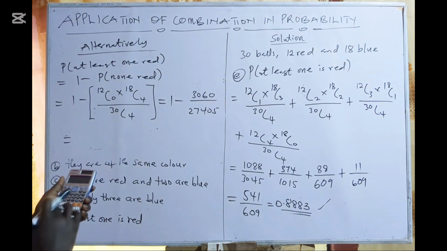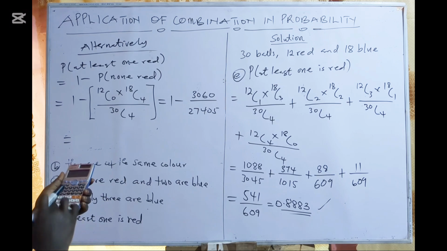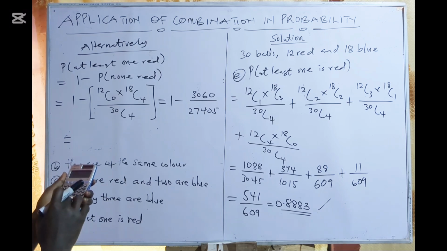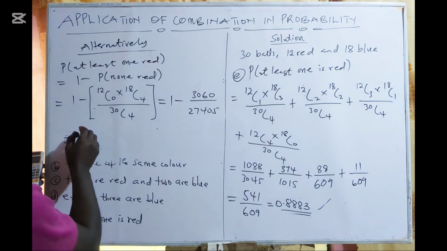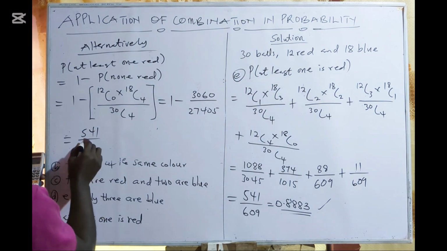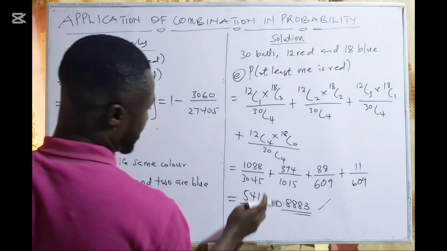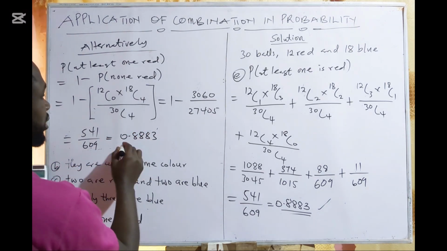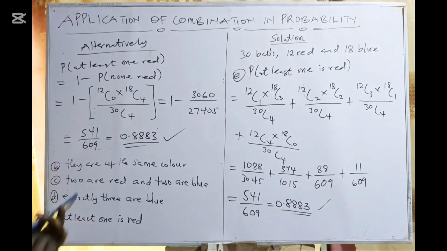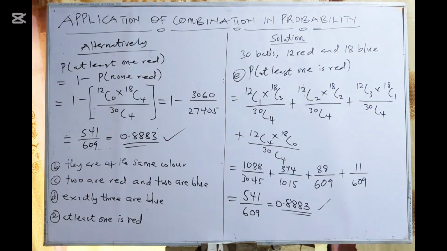So let's do 1 minus 3060 divided by 27405, and that will give us 541 divided by 609, which is the same as this one, 0.8883 in decimal.